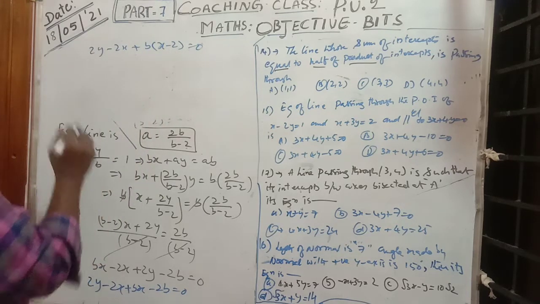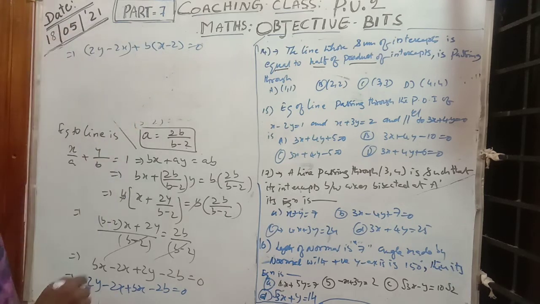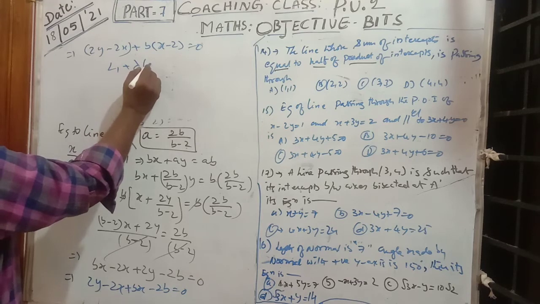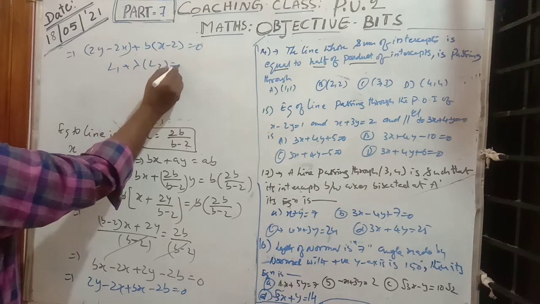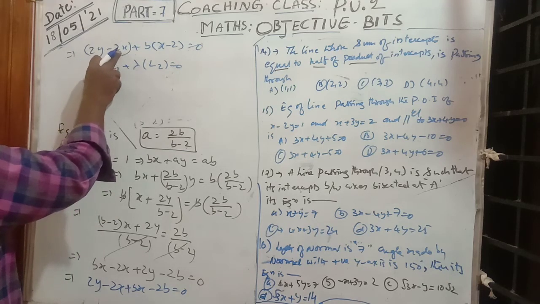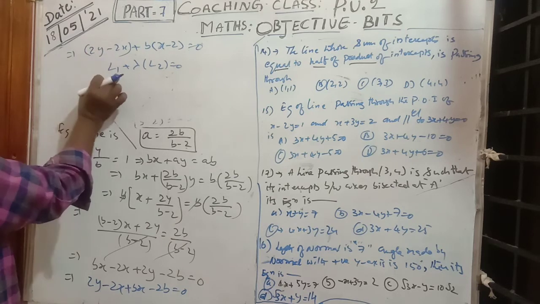Don't confuse. This is one line, it is another line. It is just like L1 plus lambda L2. 2y minus 2x is a line.